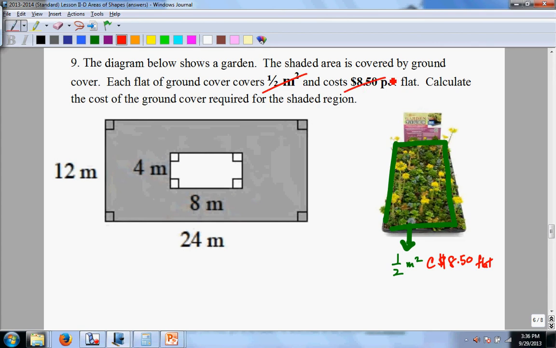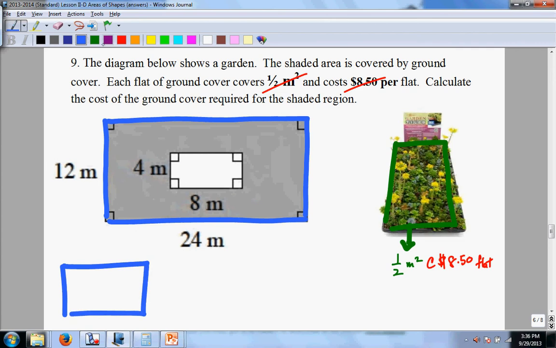Notice I'm crossing stuff out. We want to find the area of this donut-shaped thing, but basically we have 2 areas here. We have an outer rectangle, and you have an inner rectangle. Your hint is this: you need to find the area of both those rectangles.